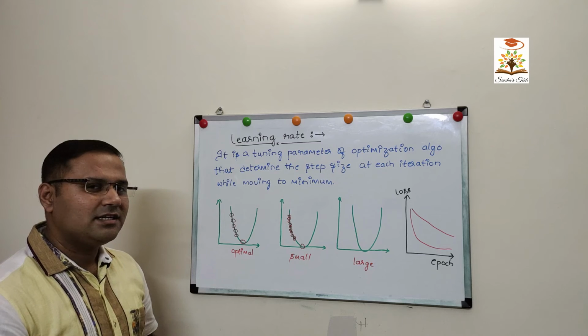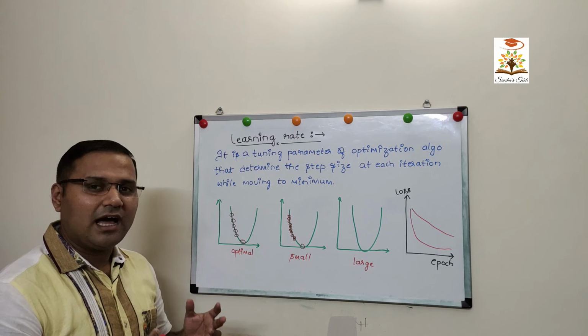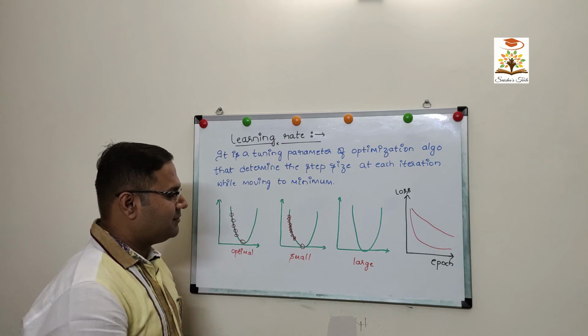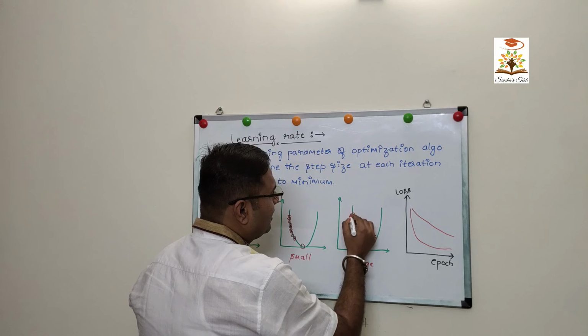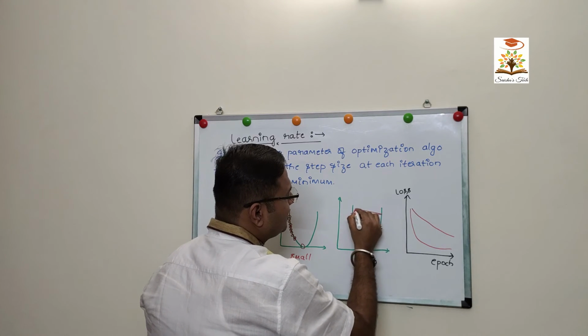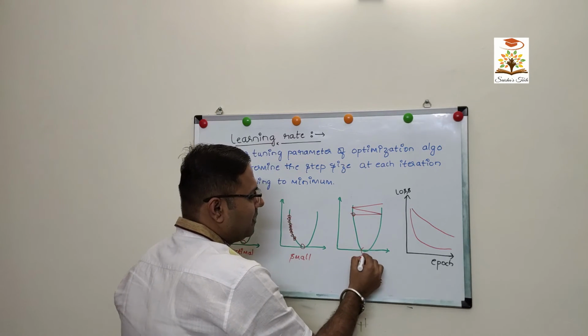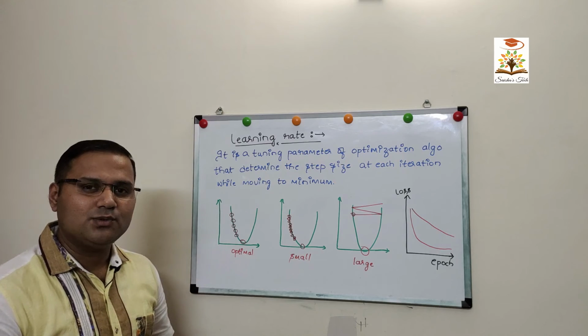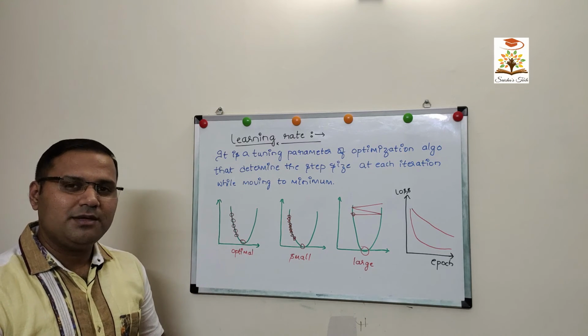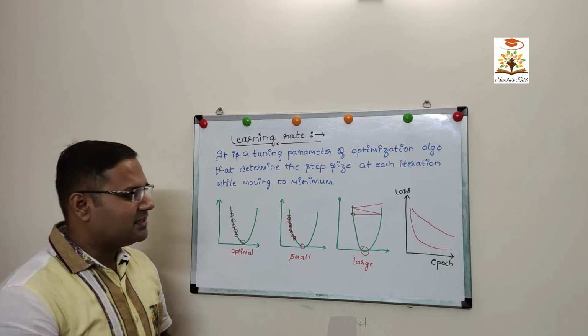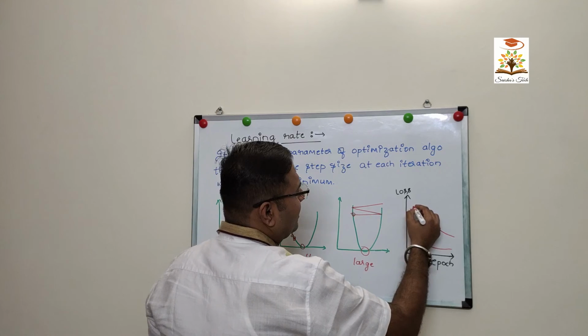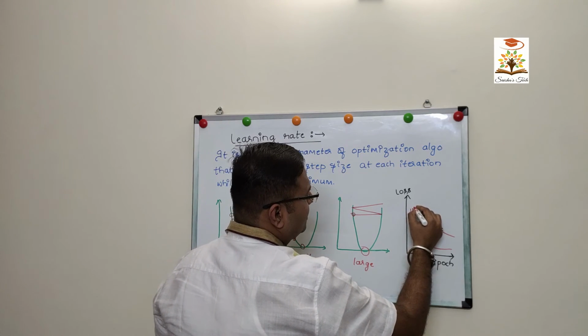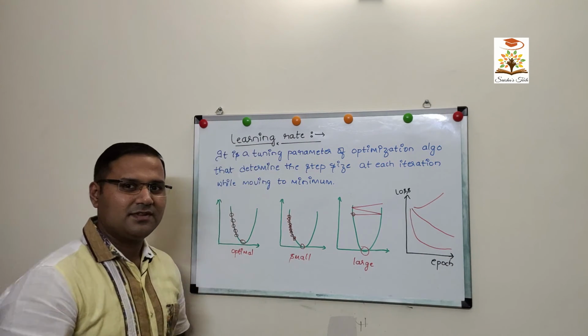If we consider the learning rate large, then the learning rate overshoots the minima and we never reach our minima. This can be represented in comparison of loss to epoch ratio as this.